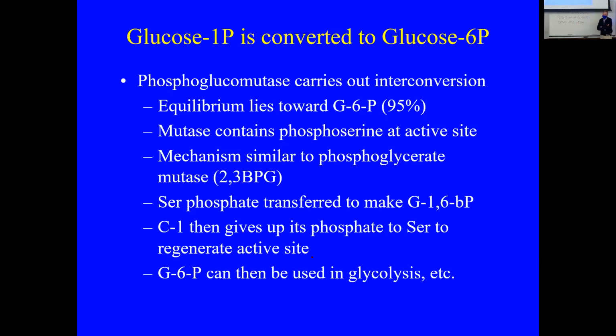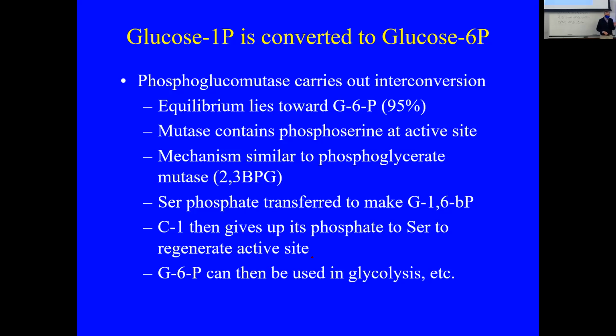So we saw this previously. In the production of UDP glucose, we initially converted glucose 6-phosphate to glucose 1-phosphate. Then that got coupled to part of the UTP molecule to produce UDP glucose.